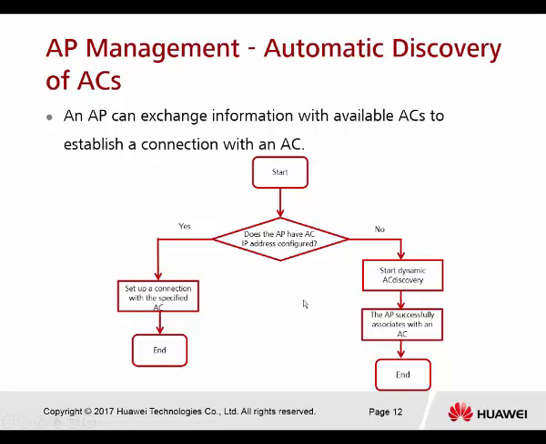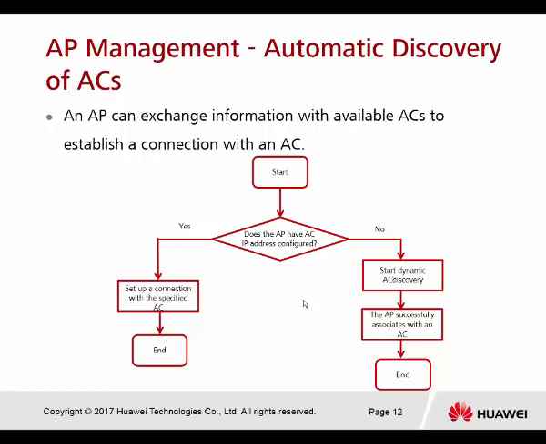AP management, automatic discovery of the AC. An AP can exchange information with an available AC to establish a connection with it. When it starts, the AP will first check: does the AP have an AC IP address configured?